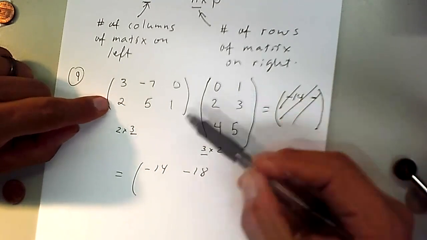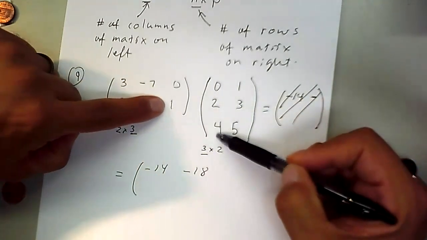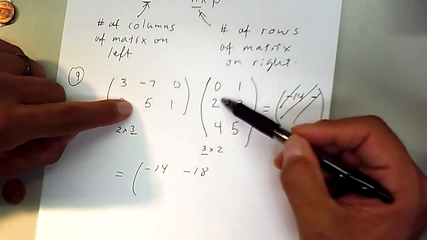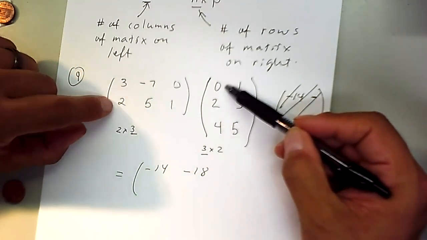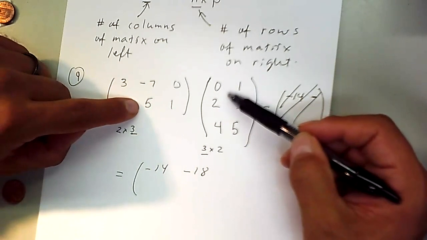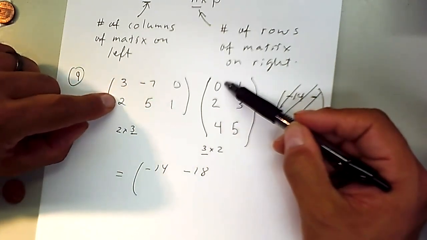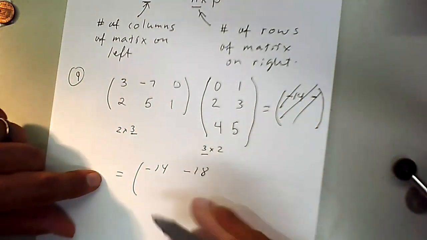That's why, by the way, this number has to match this number, because otherwise we wouldn't be able to do the dot product of this row with this column. So we have 0, 10, 4. Multiplying 2 times 0 is 0, 5 times 2 is 10, 1 times 4 is 4. Then we add those products together, 0 plus 10 plus 4, 14.